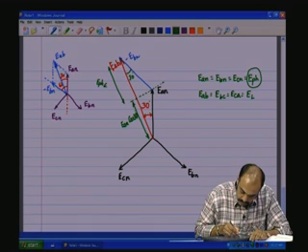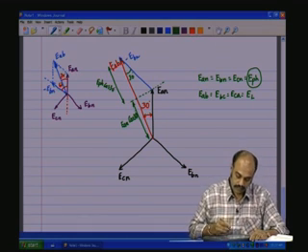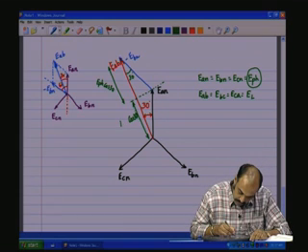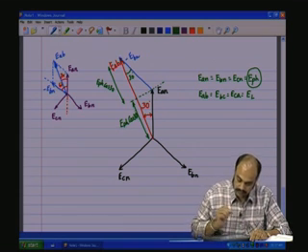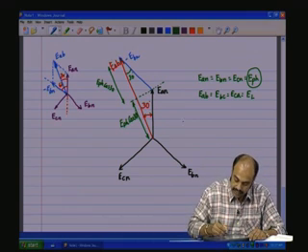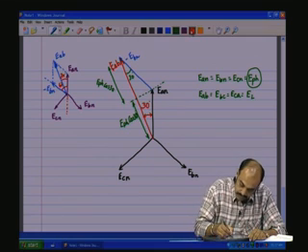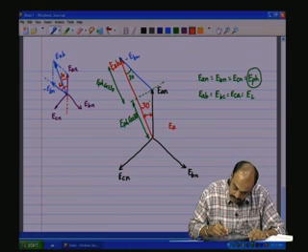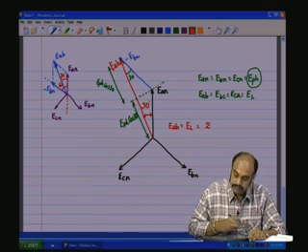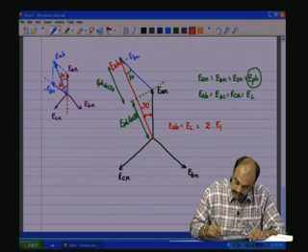E phase cos 30 degrees, and this EAN can also be written in terms of a common variable E phase. So, E phase cos 30 plus E phase cos 30 will be EAB. Therefore, EAB, which is E line, the line voltage, will be equal to 2 into E phase cos 30 degrees.